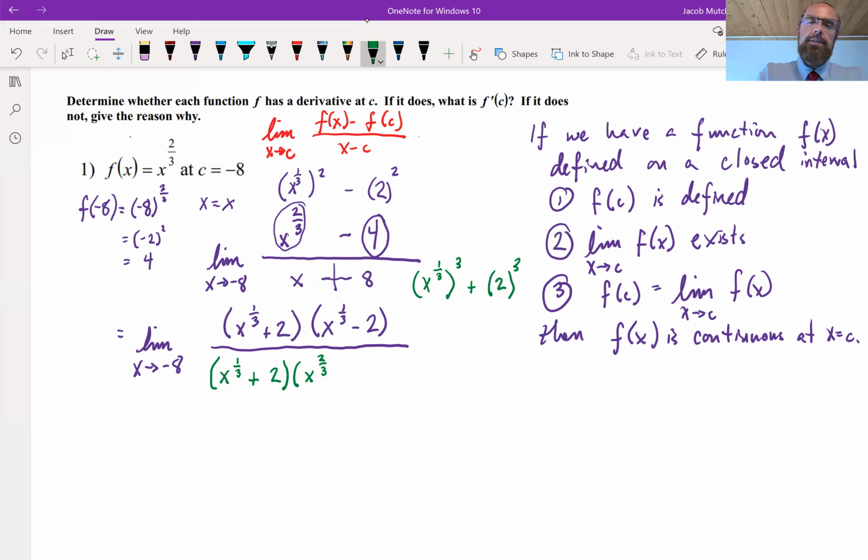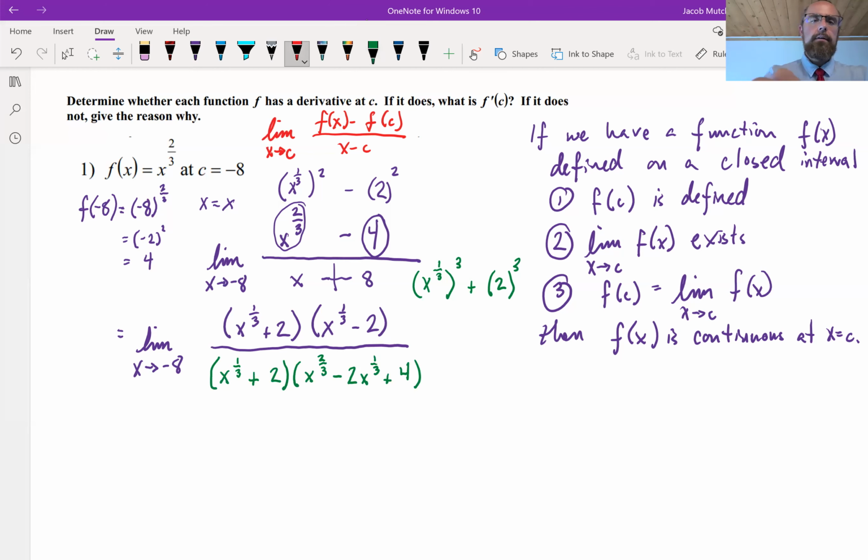Then we have the minus sign next, so minus 2x to the power of 1/3 and plus that 2 squared, so that's 4. So we applied the difference of two squares pattern to factor the numerator, and the sum of two cubes to factor the denominator.